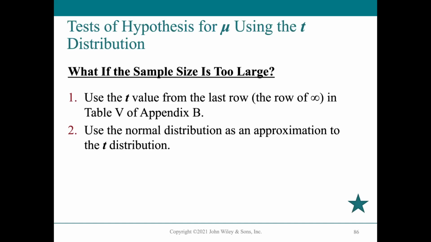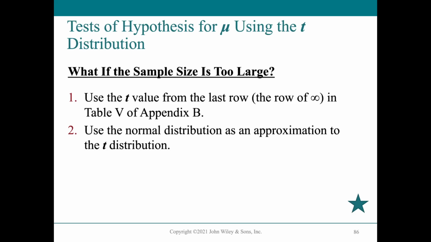Anyway, how about testing if the sample size is too large? What if we have thousands in the sample? How are we going to calculate the t since there's a limit to the value of t in our table?